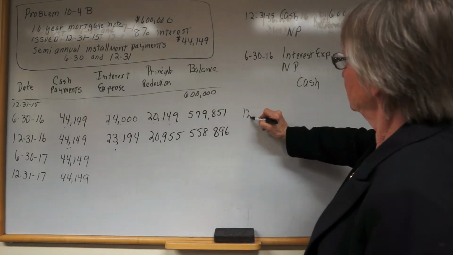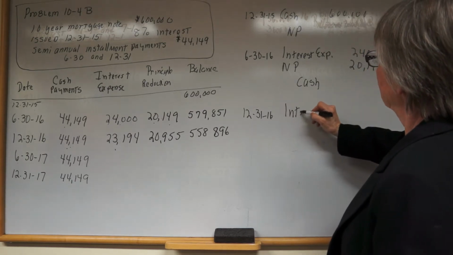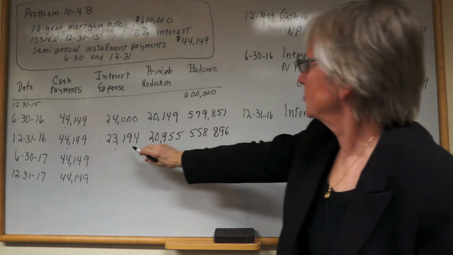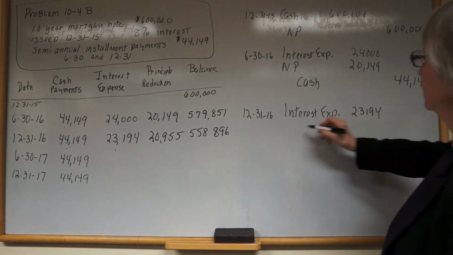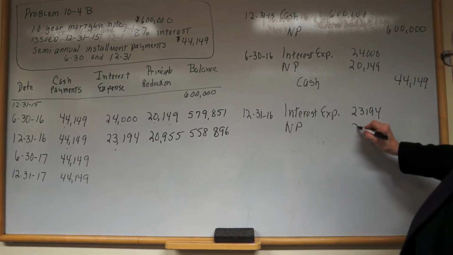And the two of them together total what we paid out. Okay, then on 12/31/16, we do the same thing. We would have our interest expense, and we can just look over and say, oh yeah, $23,194. The mortgage payable and note payable reduced by $29,555.